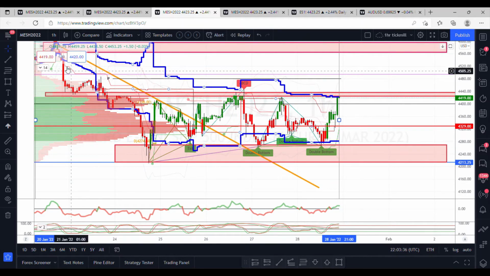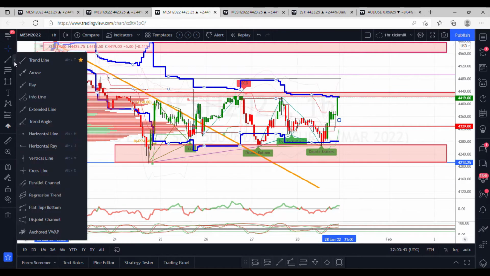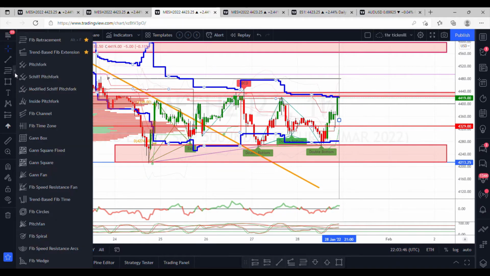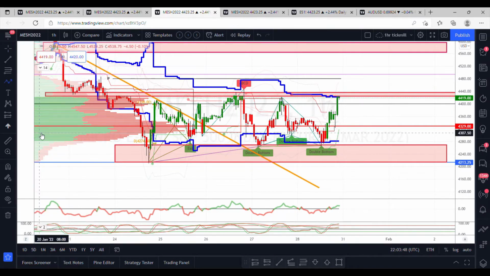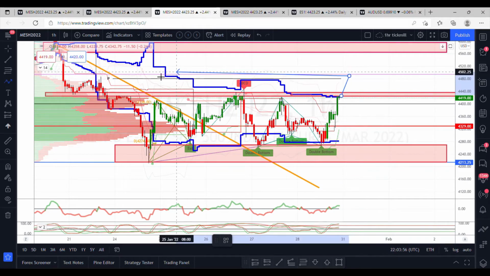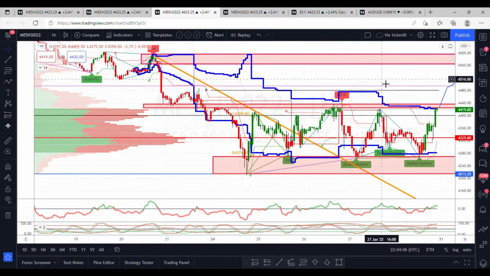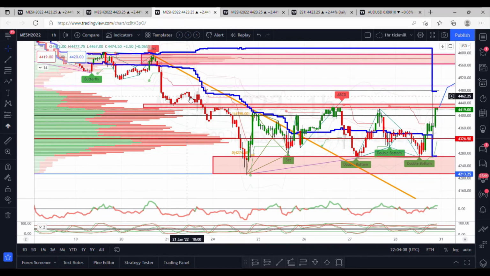So again, where's my little bar gone? So again, if we were going to make a move going up, we want to get higher than this here. And the reason why we want to get higher is because, well, hold your horses, it's the last ranging area, basically.